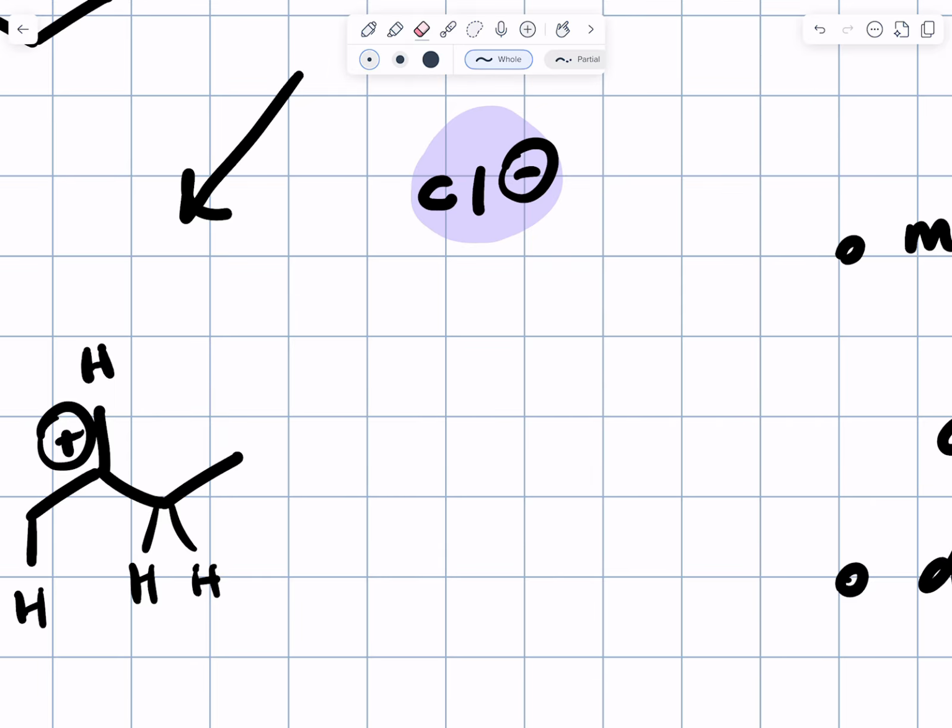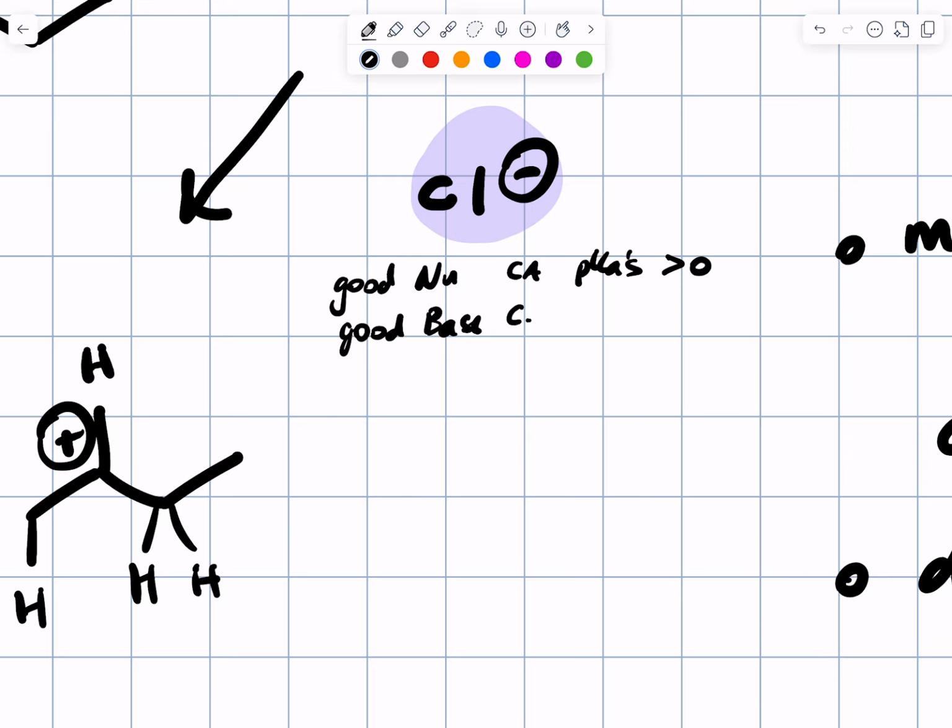If you look at what we said before about what a good nucleophile was and what a good base was, we said that good nucleophiles have conjugate acids with pKa's greater than 0, and that good bases have conjugate acids with pKa's greater than or equal to 16.